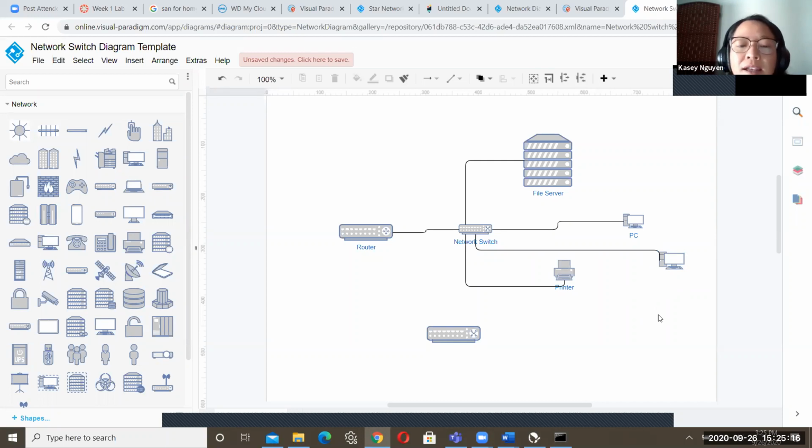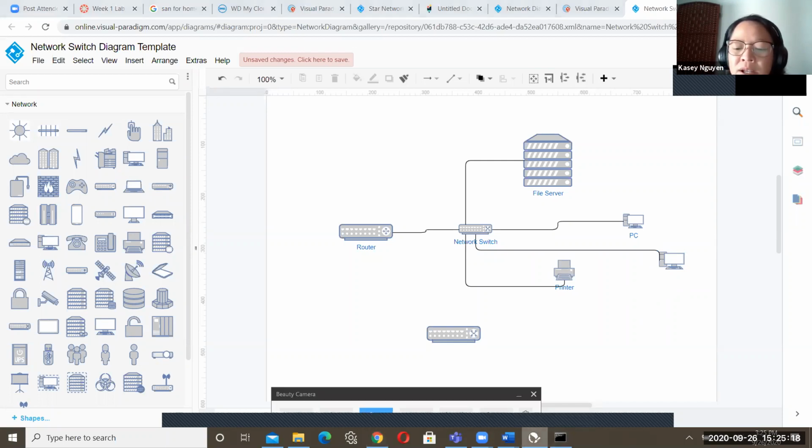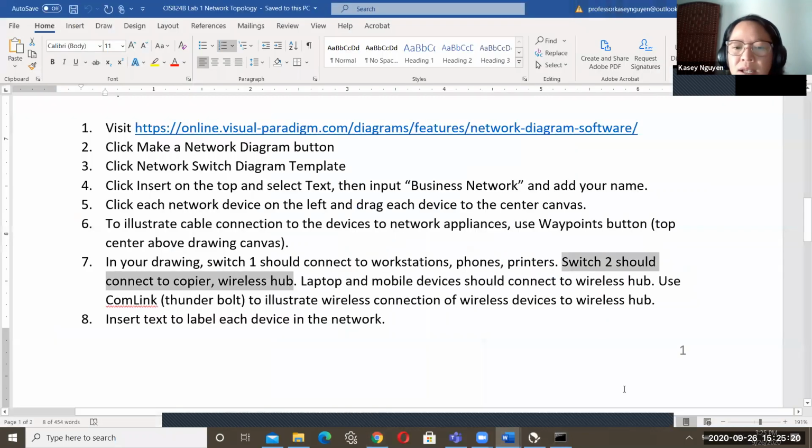Okay, so make sure that we look at the instructions, and it's going to tell you on number 7, part B, how you would connect one switch. And then ultimately, those switches need to connect to the router, and then you'll be done.